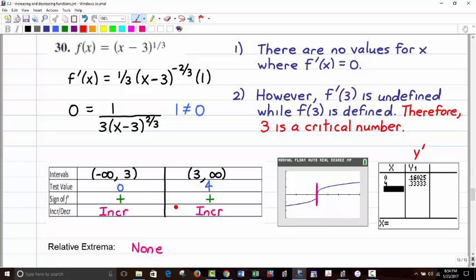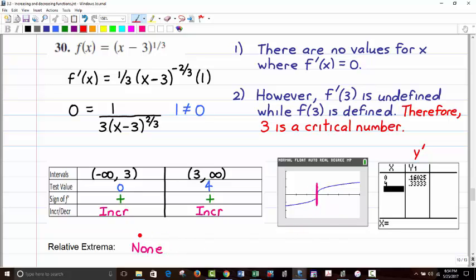So there's increase, increase. Do phrase that as separate and we'll come back to that. So maybe just say increase involves all real numbers. No, that's not the way we want to say it. You got to do that. It's a critical number. It's a vertical tangent.